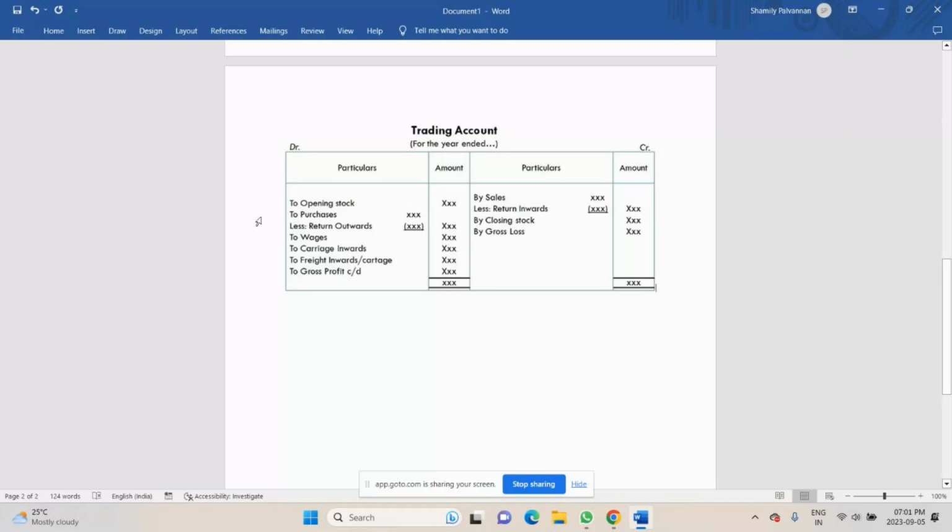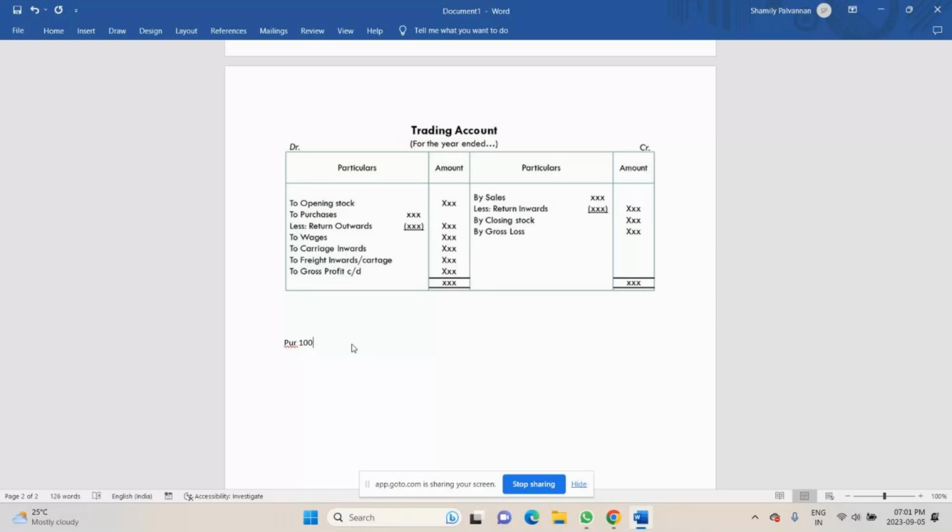For example, I made a purchase of 100 goods. In that 100 goods, 20 I returned. I have 80 stock. In that 80 stock, I made a sale of 50 items, and the customer returned 10 items. So from the 50, 10 have been returned. Now, say I made a purchase of 100 units.